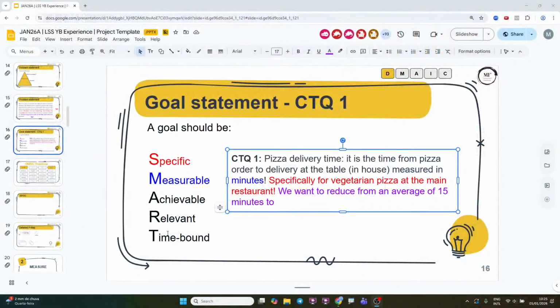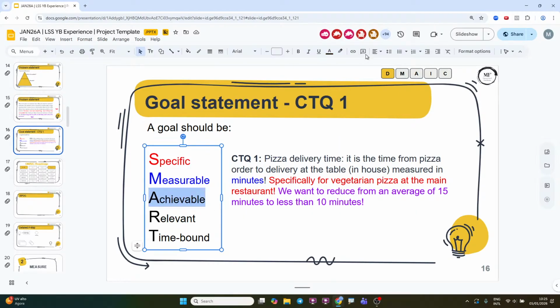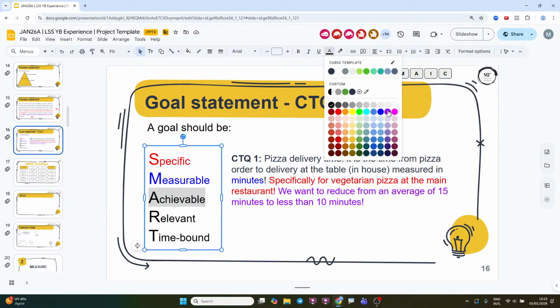You may have the information that in the past we were able to deliver in less than 10 minutes. Or you may have the information from your customer that your customer wants delivery in less than 10 minutes. So we want to reduce from an average of 15 minutes to less than 10 minutes. Okay? And we will be considering that this target is achievable.